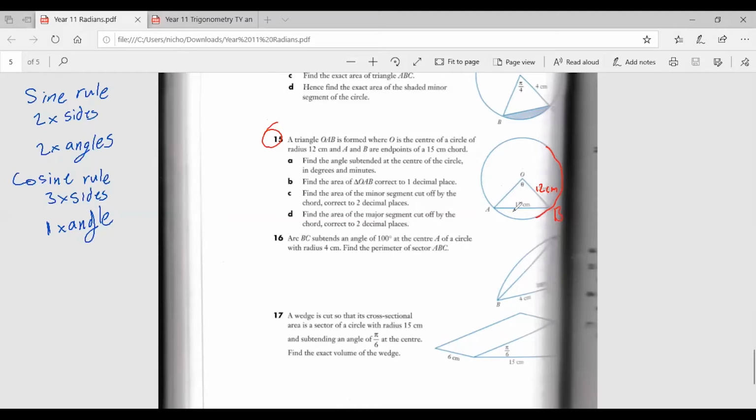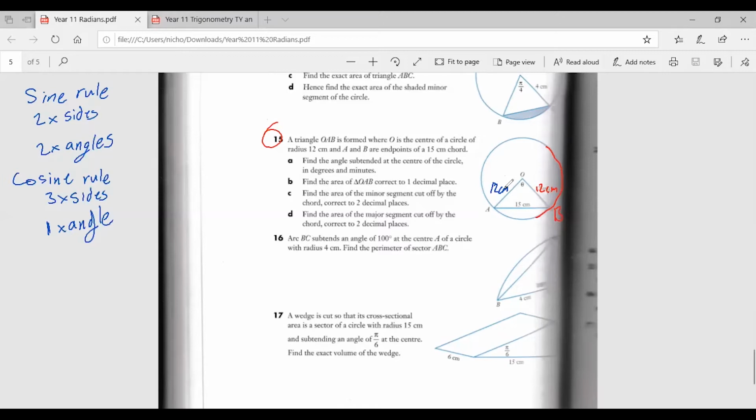Yes, we should. For the cosine rule, we need three sides and one angle. We've got two sides and one angle, but do we have another side? Yes, we have. The other side is 12 because the radius is 12. Perfect. So that should also be 12 centimeters because it's still the radius of a circle, so it's the same as the other radius.